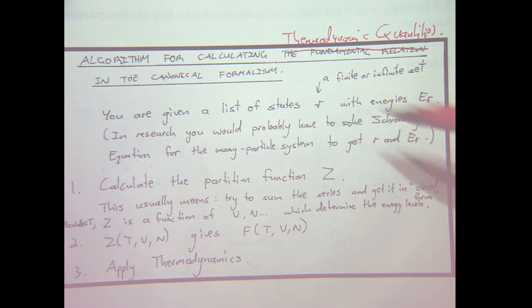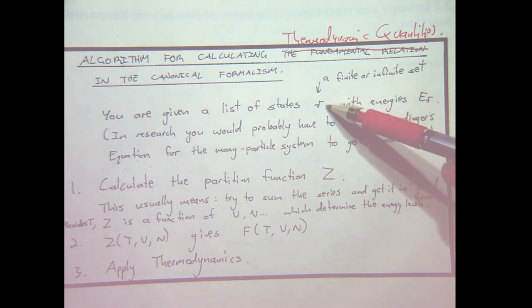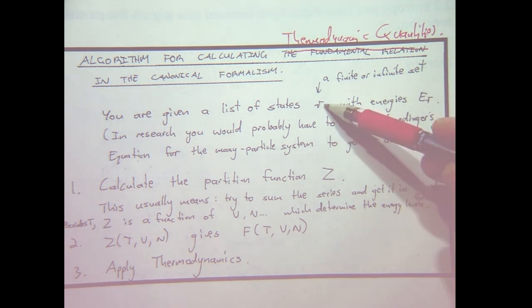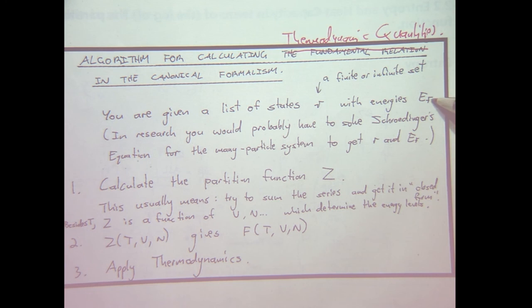List of states, and this could be a finite set or infinite set, and you're given the energy eigenvalues of each state. This is a many-body state, right? You might have to solve Schrodinger's equation for it, or approximately solve it, or whatever. But you need the list of states with their energies.